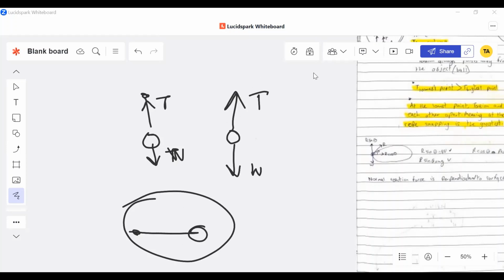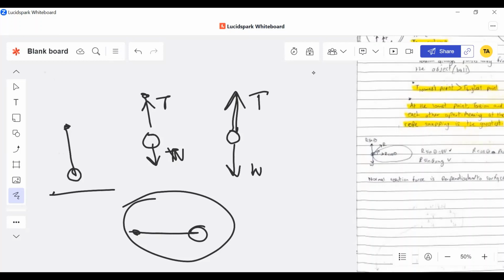But when tension is opposing weight, meaning at the lowest point, the tension opposes the weight. This is the point where the rope, when the ball is attached to the rope or the string, has the greatest chance of breaking.